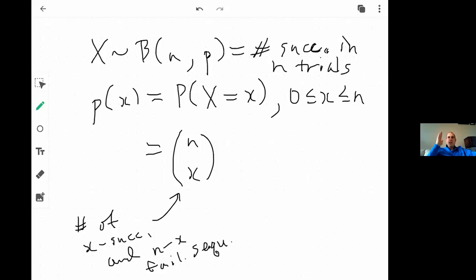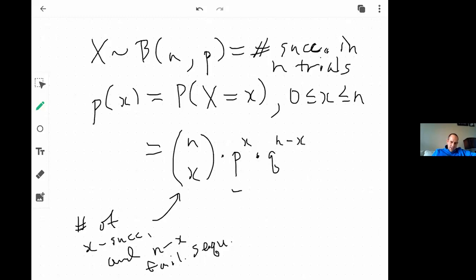In those x successful slots, the probability of success is p, and there are x of those, so it's p to the x. What about the failures? Those occur with probability q, and there are n minus x of those multiplied together.